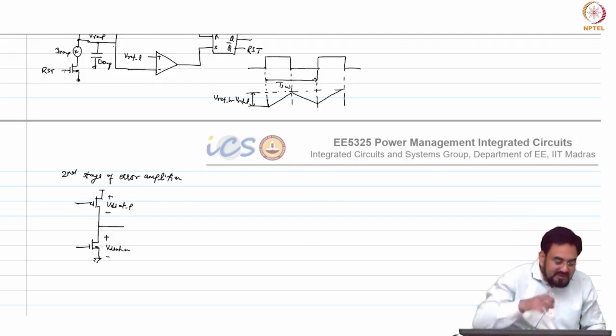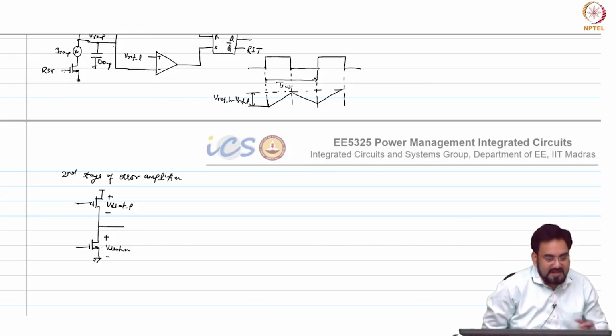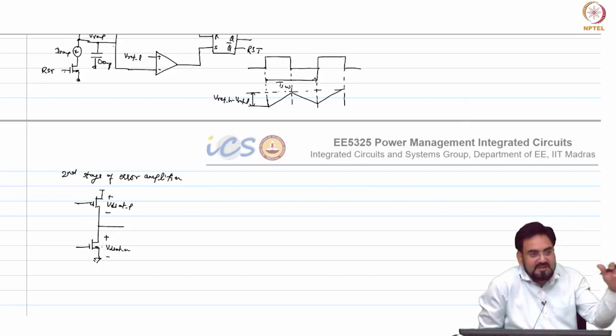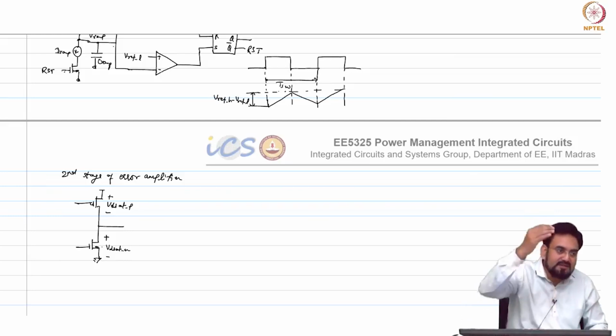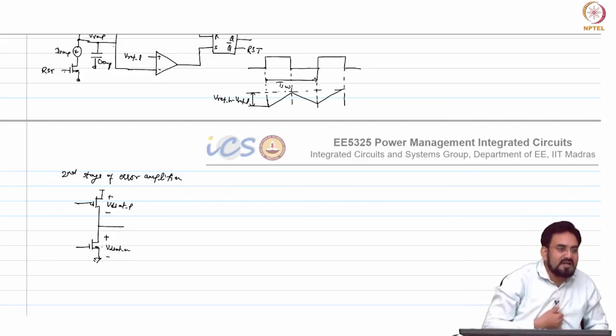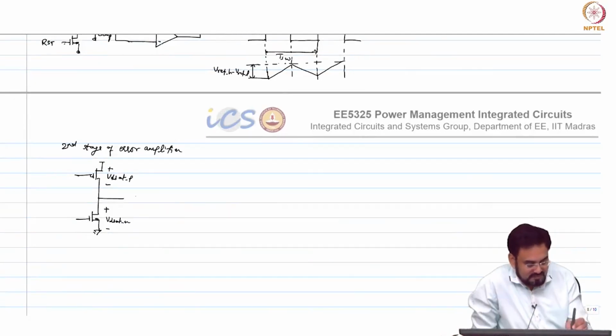But the problem is one will be in the deeper saturation compared to the other, but ideally you want both to be in the deep saturation. So you always keep the common mode of your RAM at VDD by 2, then you get a full range in both the directions.